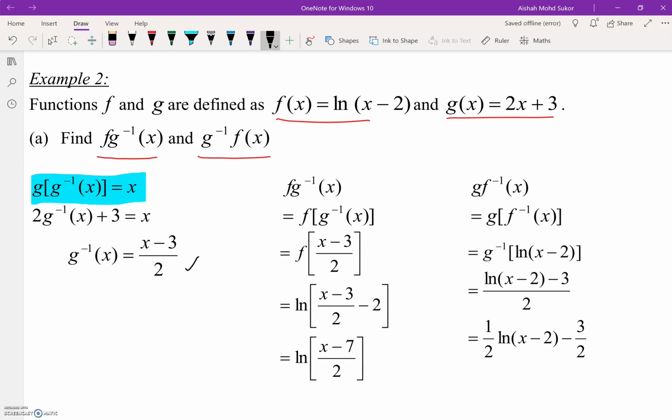To find f(g inverse(x)), we substitute g inverse into the f function. To find g inverse(f(x)), we substitute f(x) into g inverse.